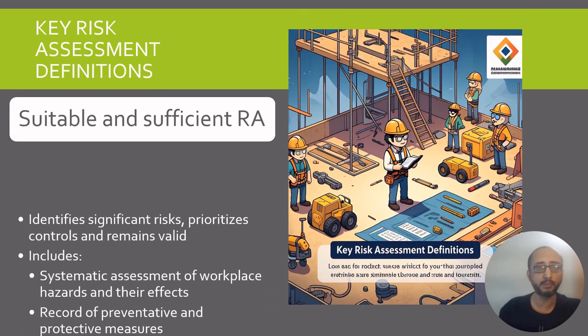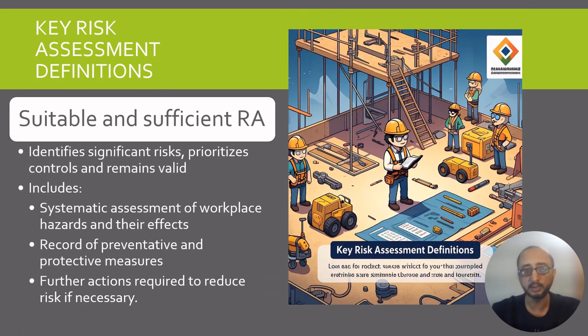Next term is suitable and sufficient risk assessment. A legal term we already discussed in a previous video under the fundamental concepts in HSE. So here we briefly discuss it again. Basically this is a legal term linked to another legal term, reasonably foreseeable. By the law we are bound to identify all the reasonably foreseeable risks and reduce or control them to as far as is reasonably practicable.